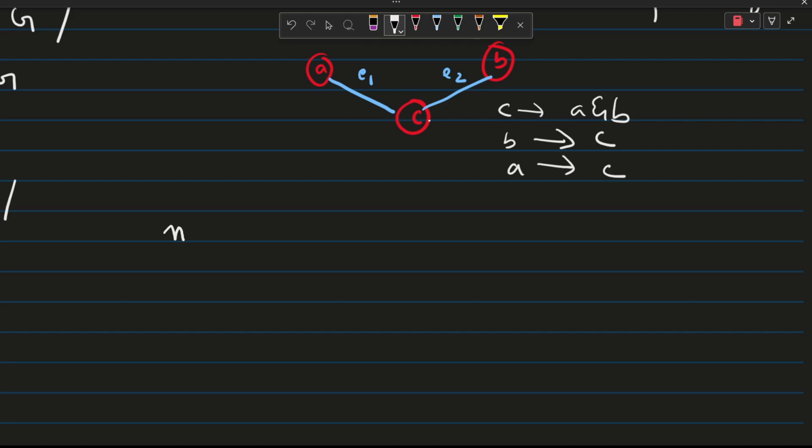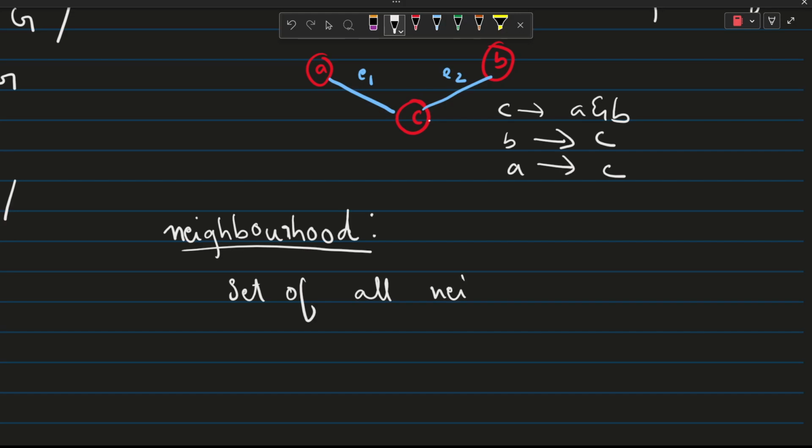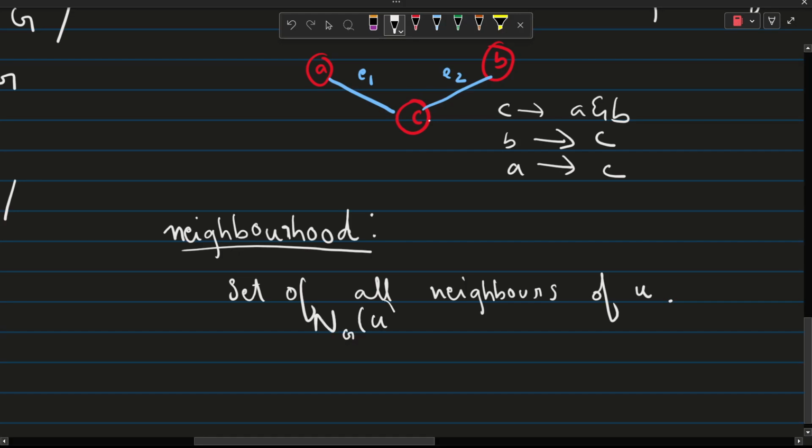Now let's move on to neighborhood. Neighborhood is nothing but the set of all neighbors of U and is denoted by N_G(U), or simply N(U).